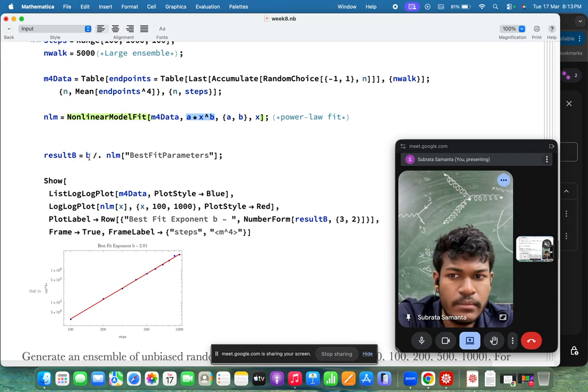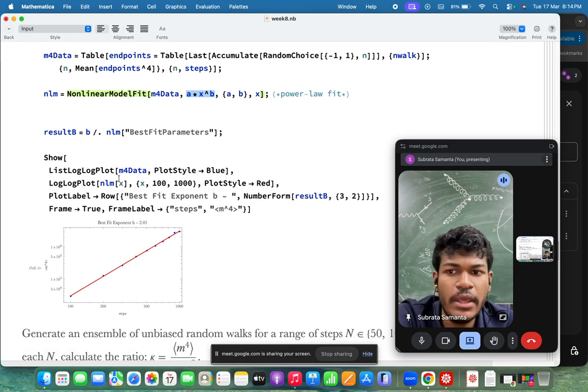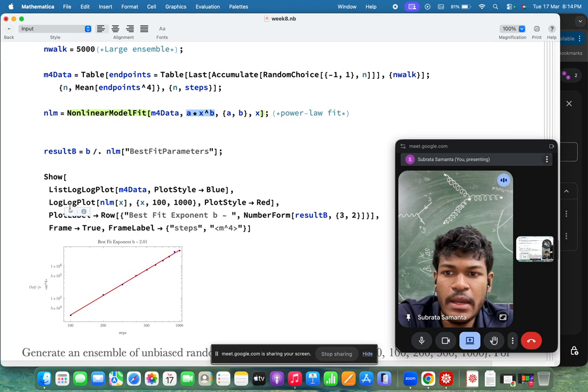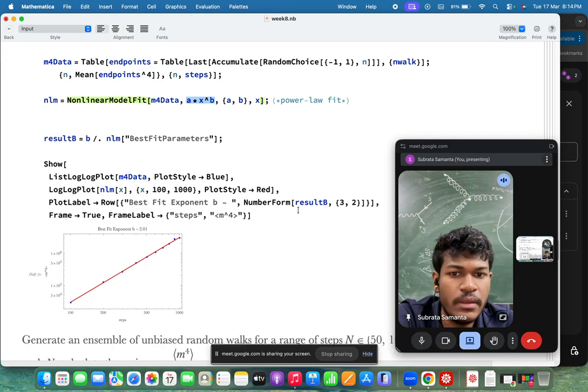This gives you my best fit parameters, and I plot on a log plot the m to the power 4 average data and the fit.